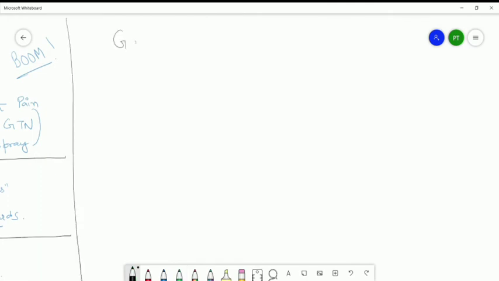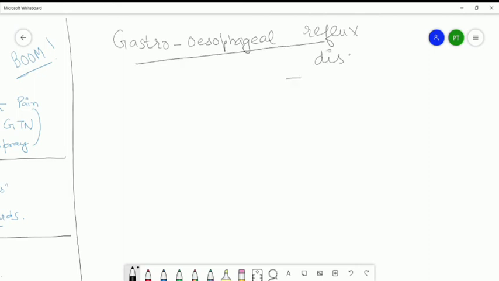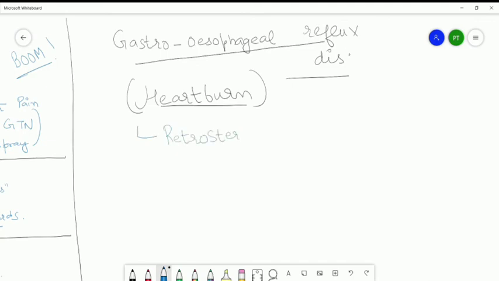Okay, now our next differential diagnosis is gastroesophageal reflux, or GORD or GERD. So this is heartburn, which is actually very common, especially in a country like India where we constantly eat spicy food.